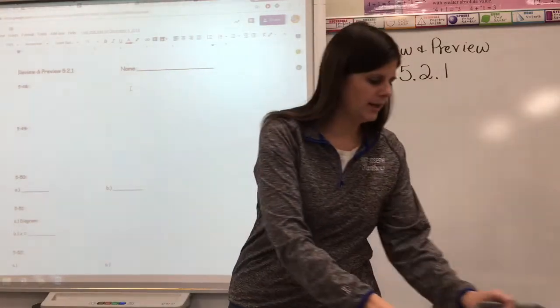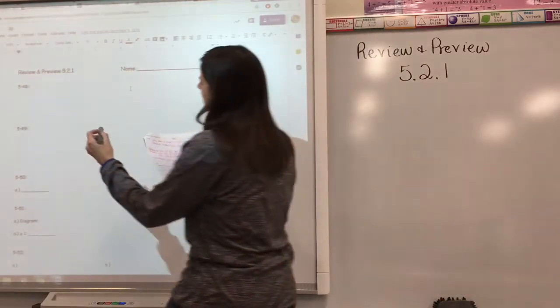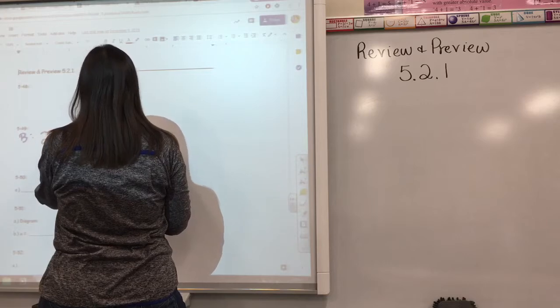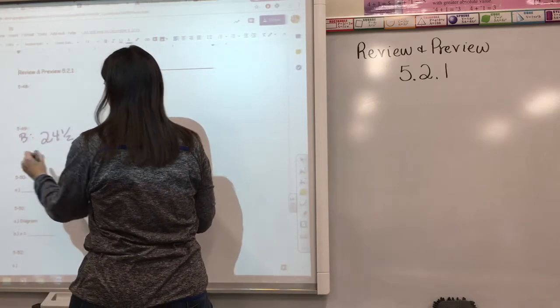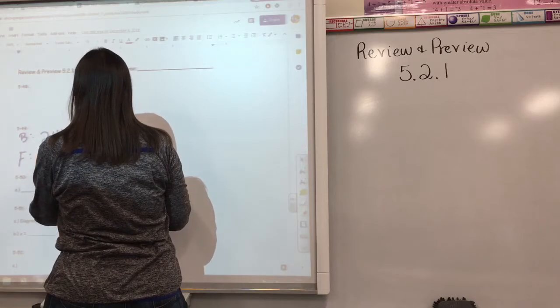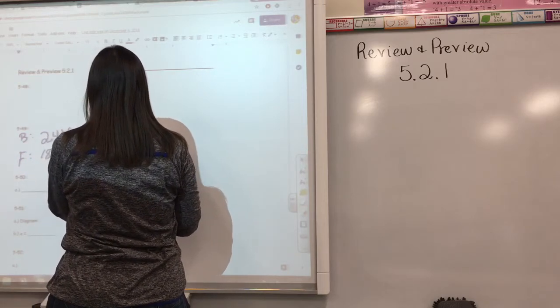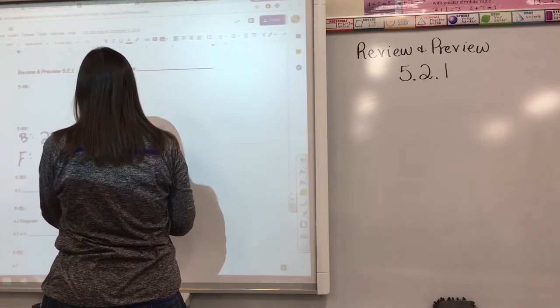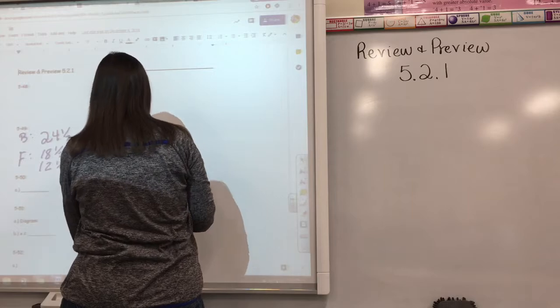So maybe in my workspace, I can say for the backyard, she has 24.5 by 18. Then in the front yard, she has two sections, 18.5 by 14.5 and 12.5 by 14.5.